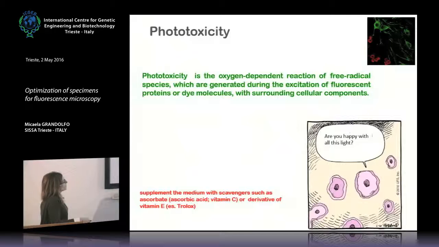What you can do is try to limit this phenomenon by supplementing the medium with scavengers, such as ascorbate, vitamin C, vitamin E, and sometimes people, if there is the possibility to work in a controlled atmosphere, try to reduce as much as possible the percentage of oxygen.